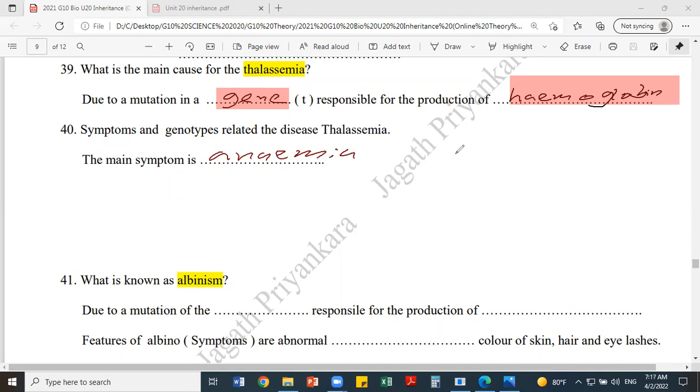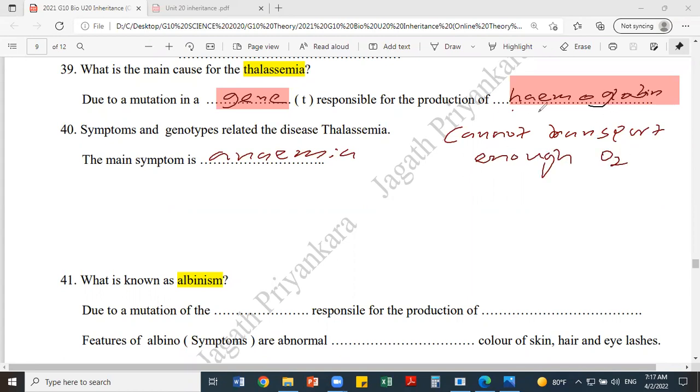Normal hemoglobin can carry enough oxygen, but a thalassemia patient cannot, because the abnormal hemoglobin cannot transport enough oxygen.